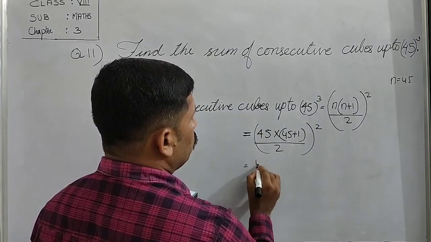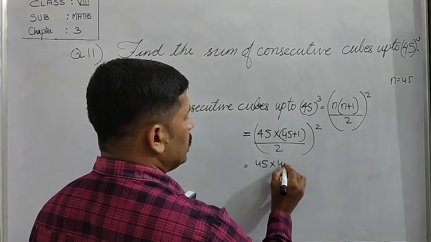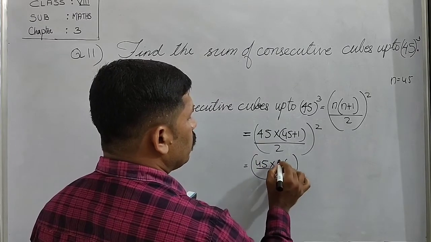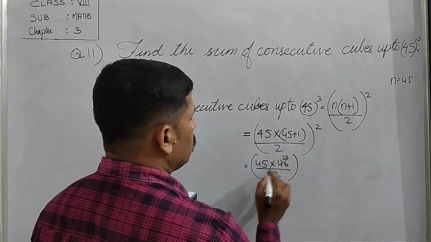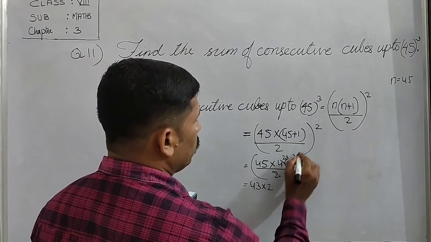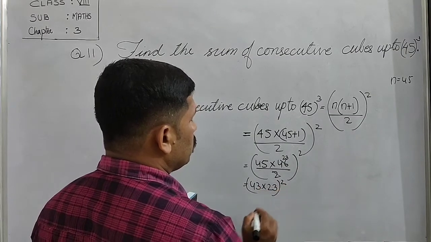That is equal to 45 into 46 upon 2, all squared. This 2 and 46 we can cut, then it will be 23. So the result is 45 into 23, all squared.